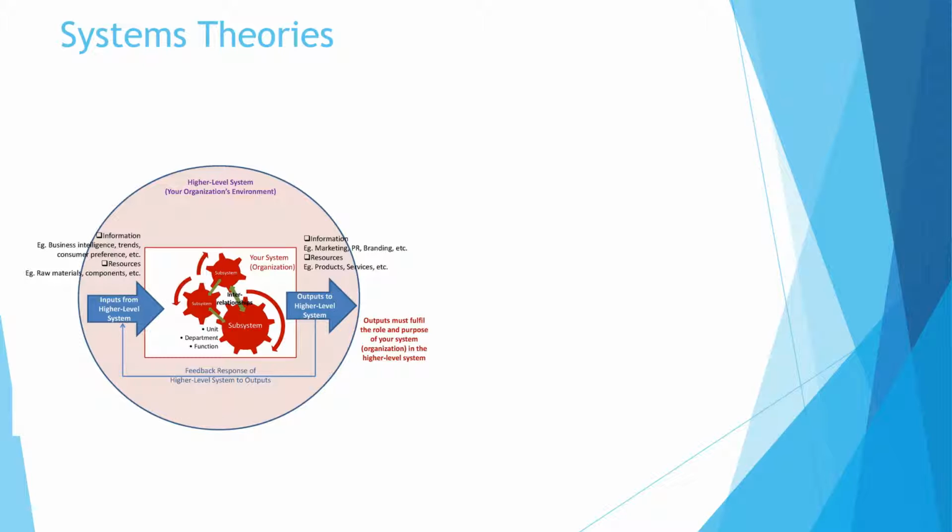Now, you might think, well, how does this have anything to do with management? Well, if you start thinking about it, the interest in coming up with a general systems theory that could be applied to almost anything can start with your own biological systems, your nervous system and your digestive system. We also have information systems, and we have the solar system, and we have different types of systems, biological systems, ecological systems at all levels.